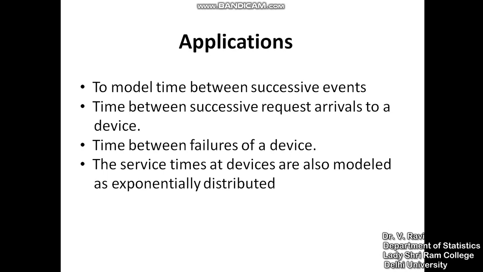If we try to be more realistic, then maybe if we are near a water body, the event that we are interested in is how many times a mosquito comes and stings us. It's not that only one mosquito would come and sting us at a time. So we could look at the time interval between successive stings of mosquitoes.